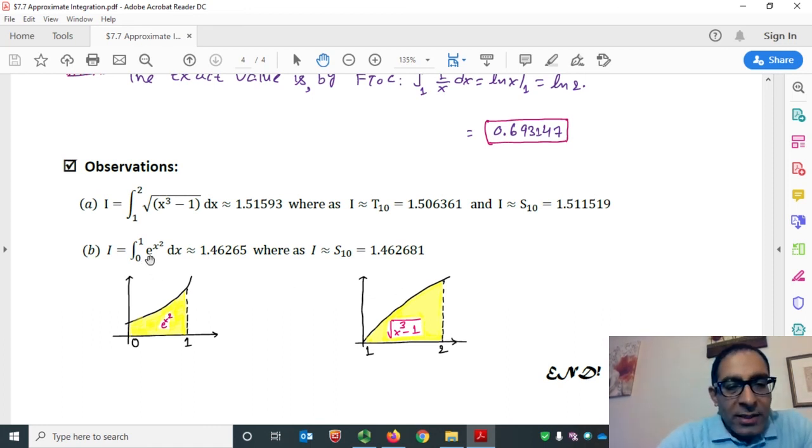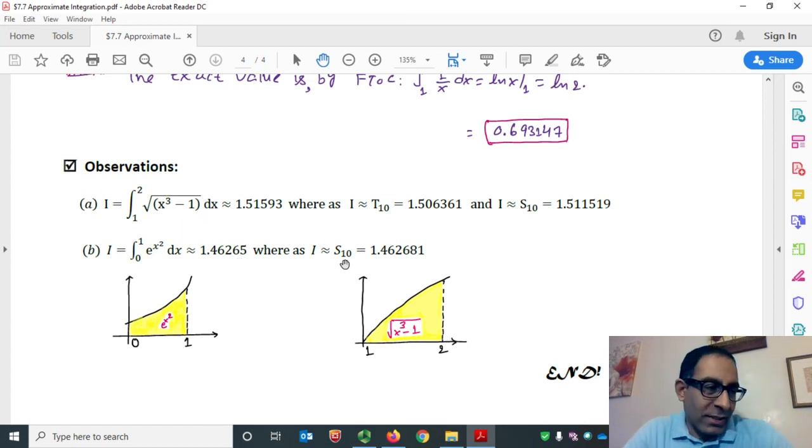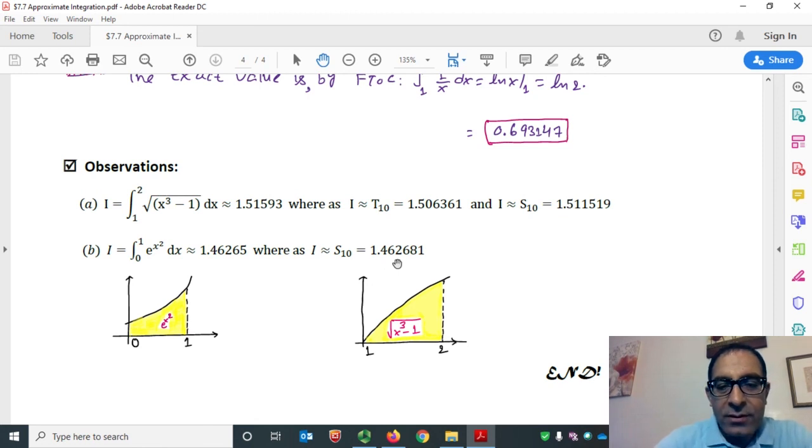Similarly, that's the example I wrote earlier, e to the x squared from 0 to 1. This area turns out to be 1.46265. And using Simpson's rule, by taking n equals to only 10 partitions, we get 1.462681. And we know the larger the n, the better the approximation. But here we are only getting an idea of how this approximation method works. So I hope it makes sense to you all.